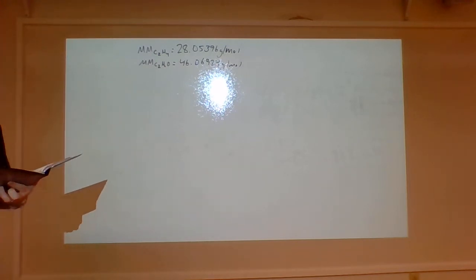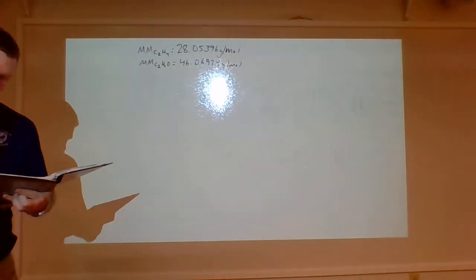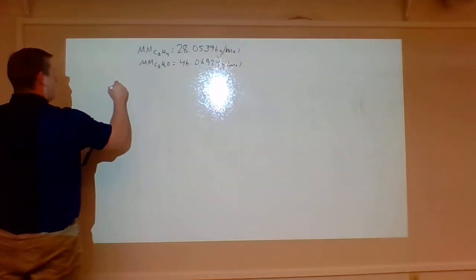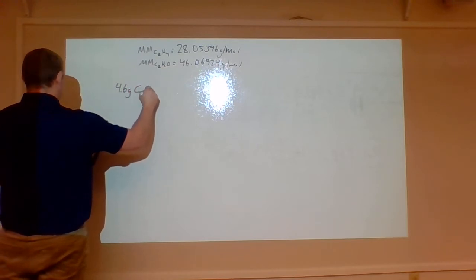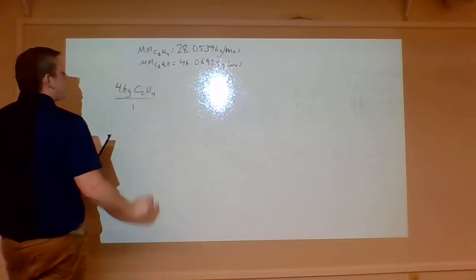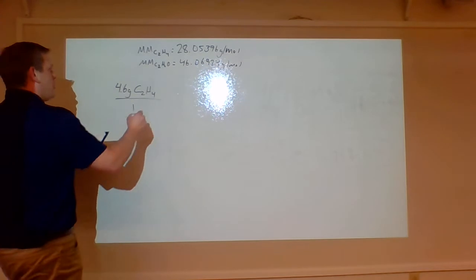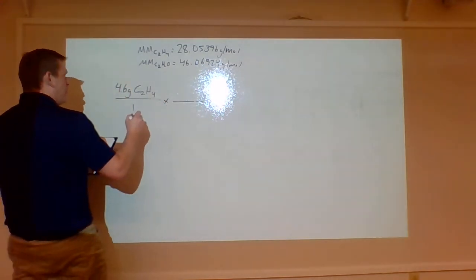Okay, so we're going to determine our theoretical yield now. Based on the amount of starting material that we had, we said that we started off with 4.6 grams of C2H4. Since that was a measured quantity, we put it over 1. We're going to use our conversion factor to convert that mass into number of moles.